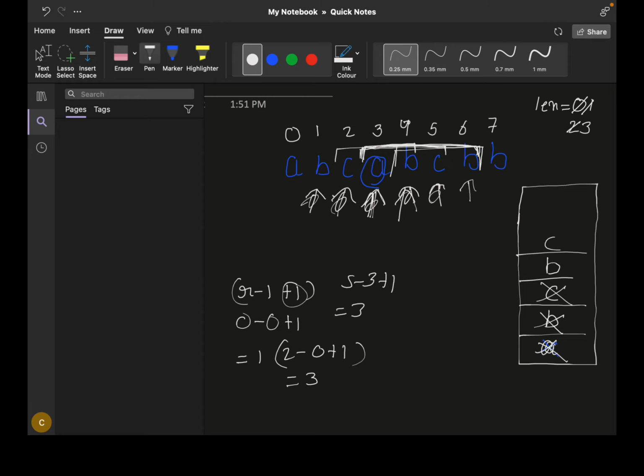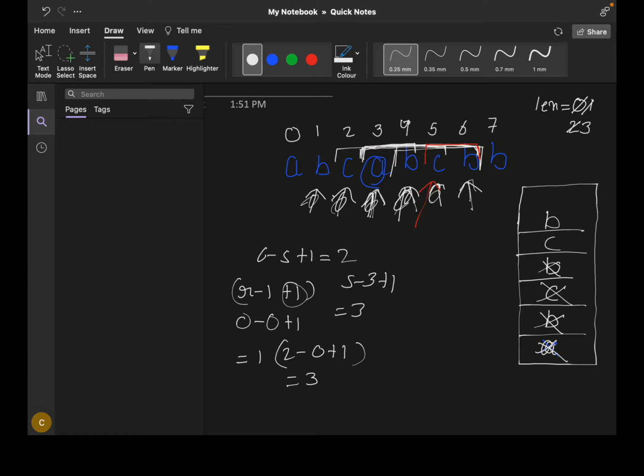B is again contained, so we shrink the substring from the left-hand side again. We remove B, and now our left pointer points to this one. We again check whether B is contained or not. B is not contained, so we push B into the hash map, and the length becomes 6 minus 5 plus 1, which is 2, but we already have a greater value, 3.